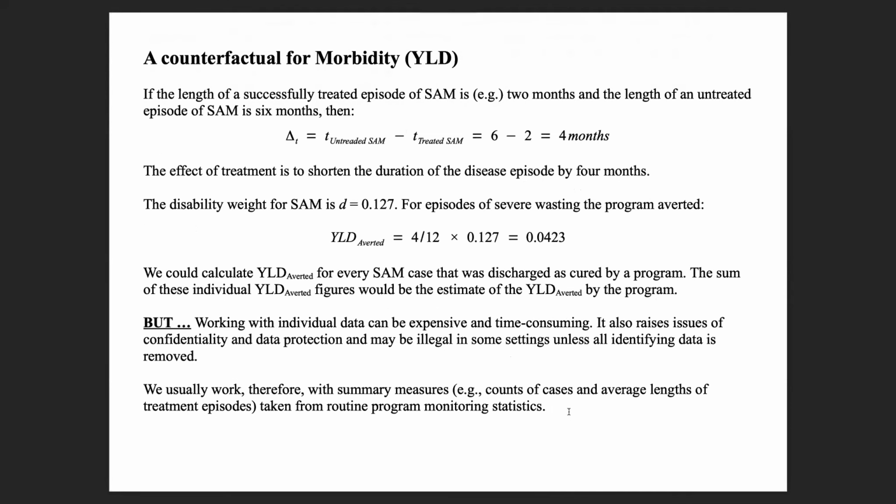So if the length of a treated episode of SAM is 2 months, and the length of an untreated episode of SAM is 6 months, then our delta T is 4 months. The effect of treatment is to shorten the duration of the disease episode by 4 months.